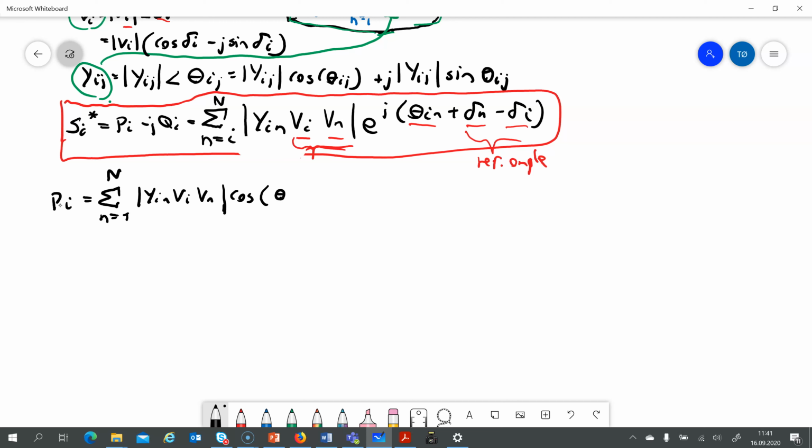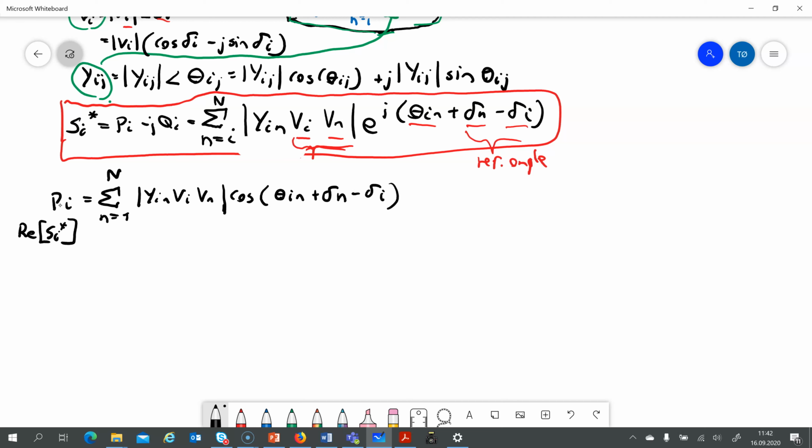Then we have cosine of the angles plus minus delta i. That is an expression for the Pi, or the real value of Si complex. So if you have the Si, you can simply take the real value, for example in MATLAB.